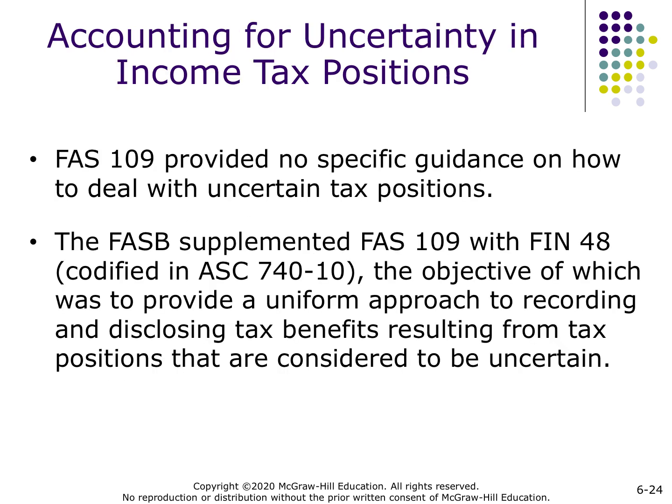All right, so this slide kind of gives us a little bit of history. We used to deal with FAS 109, and that was discussing book to tax differences and how to deal with uncertain tax positions. And then it had to be augmented with FIN 48 in order to get us to this point where we had a valuation allowance requirement.